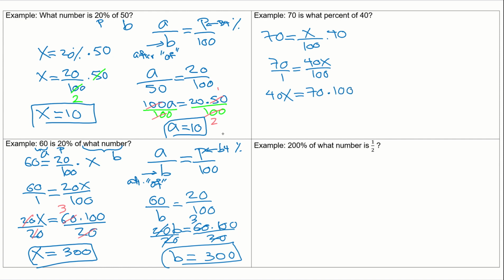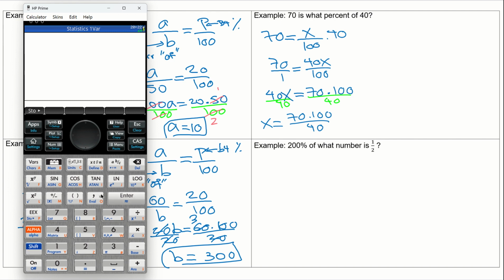So now we divide both sides by 40, so we get x equals 70 times 100 over 40. I could do some cross canceling here, but I can see this is not going to be as nice a number as some of the others, so I'll just go ahead and bring in my calculator now.